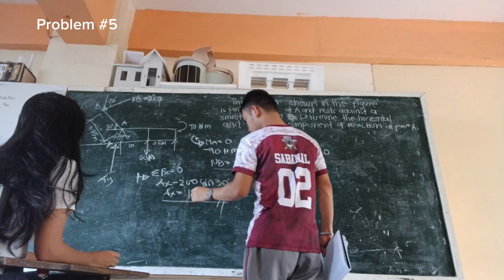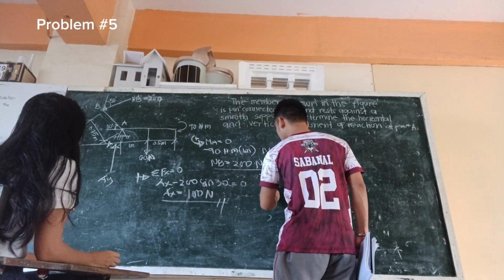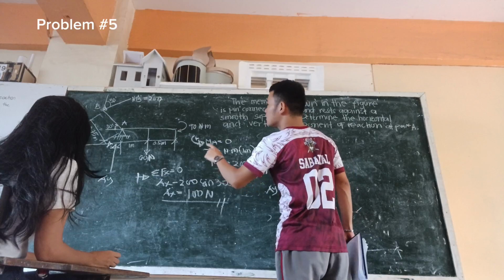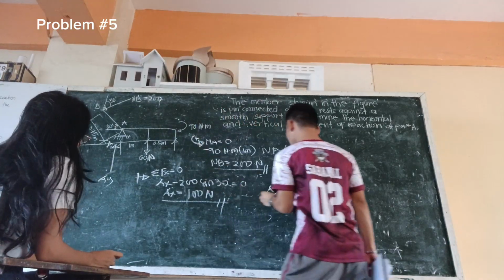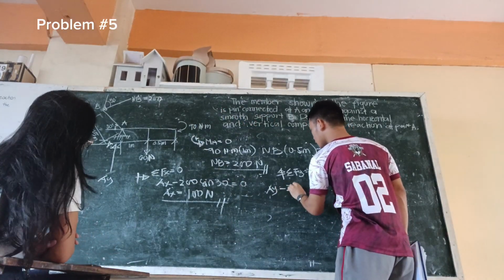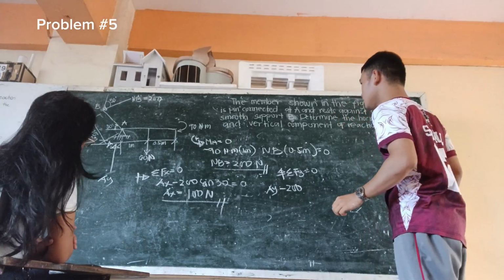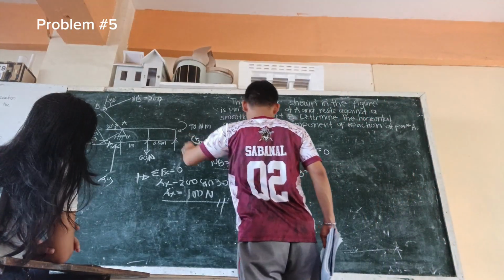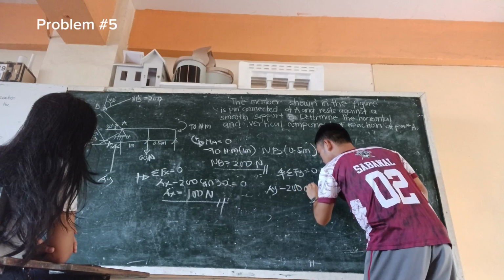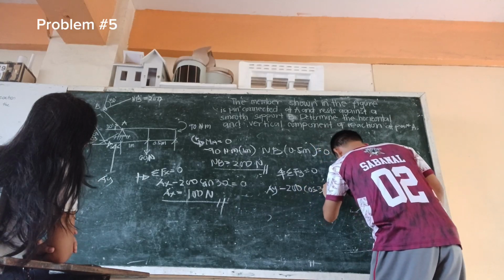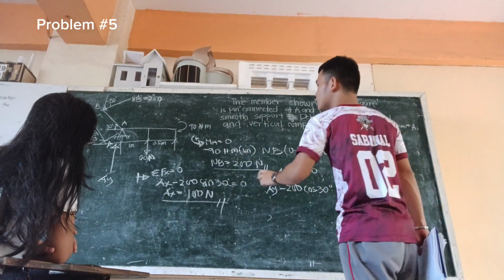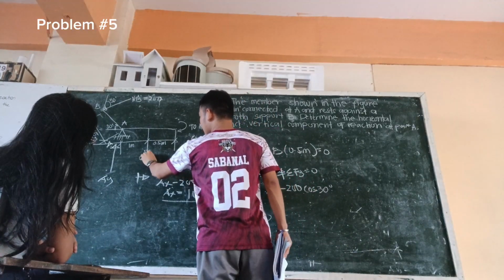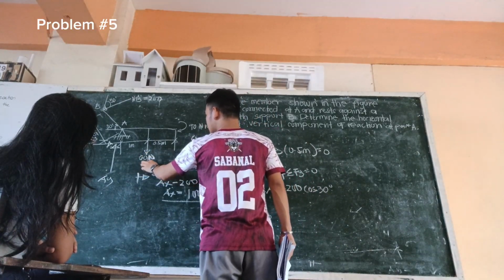So AY minus the 200 newtons of NB times cos of the angle of NB, which is 30 degrees, minus the magnitude of 60 newtons.